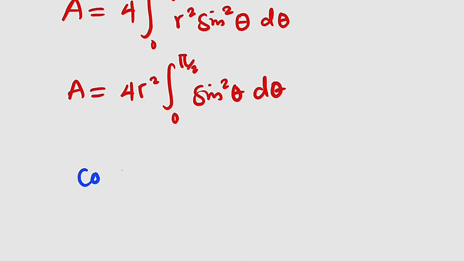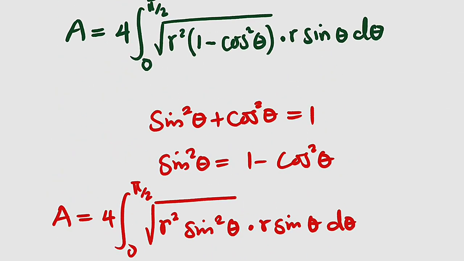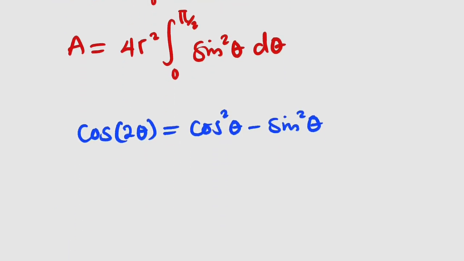Remember, cos of double angle, cos 2 theta, is equal to cosine squared theta minus sine squared theta. But from this famous identity, cosine squared theta is the same thing as 1 minus sine squared theta.